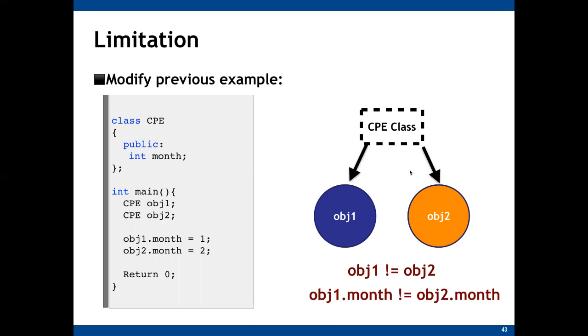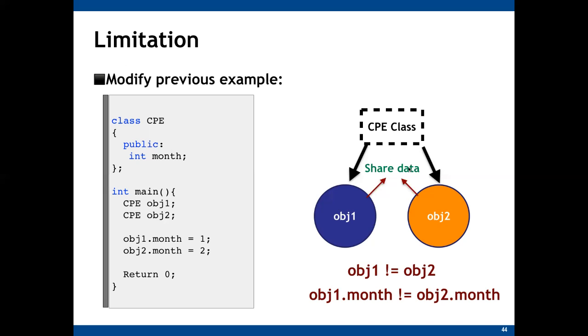So with this CPE class, it is impossible to share the data between these two different objects. But sometimes you want to have one member variable in the class that is shared by all the objects of the class. You might want that in some situations.